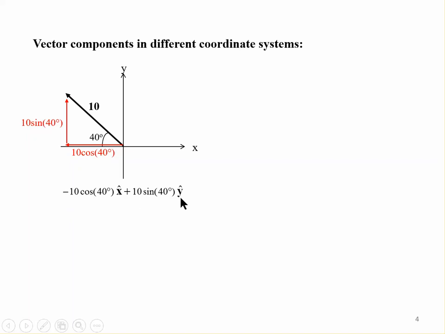Now, there's one thing very important that I want to point out here. When you're breaking up a vector into its components, you draw it as the sum of two vectors, one parallel to the x-axis, one parallel to the y-axis. Don't forget to put your arrows here. I didn't just draw a line here and a line here.